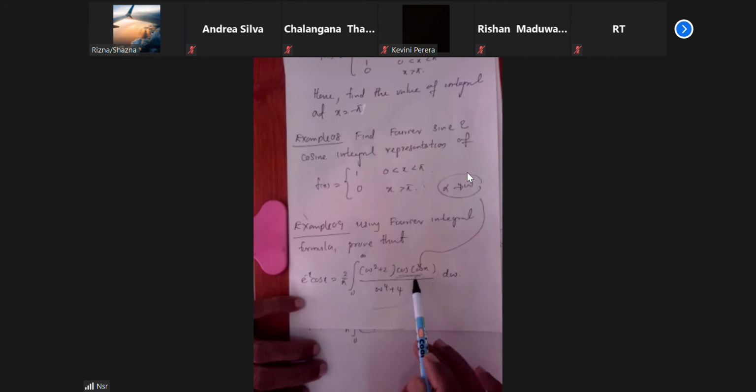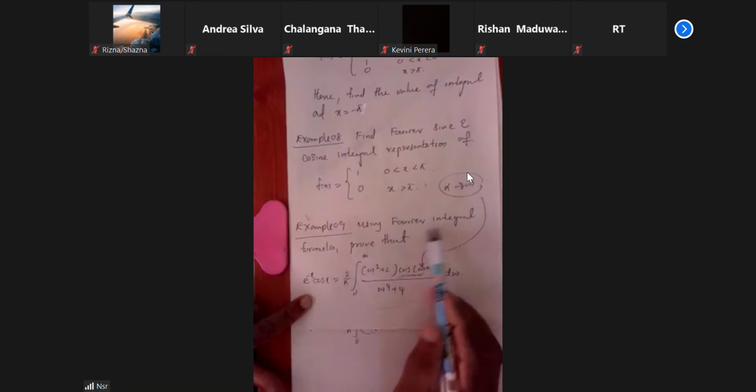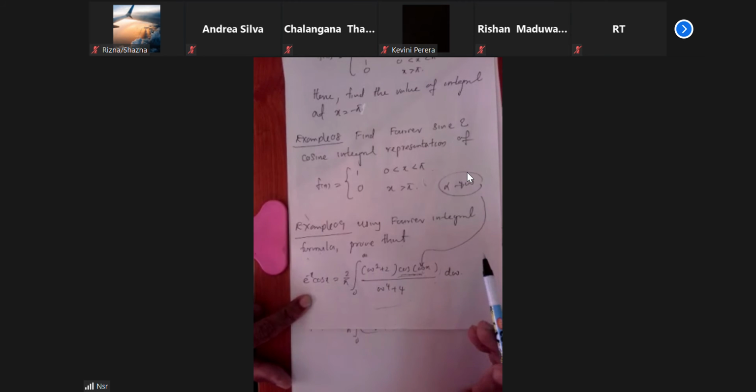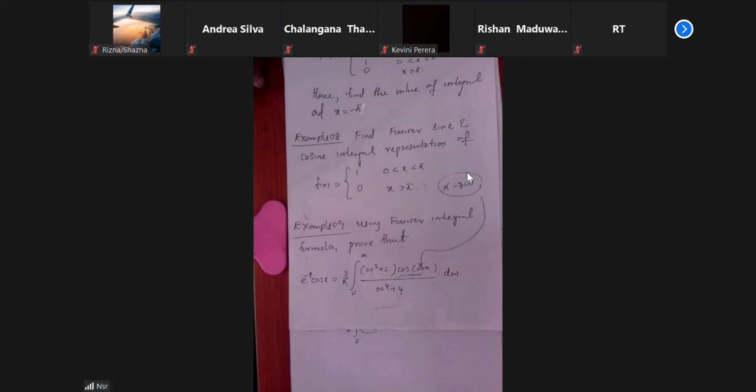If you clearly analyze this, exactly half of your work is reduced. Otherwise, if you start with the Fourier integral formula representation, you need to determine both values, spending your time. Finally, we'll get this answer if you did the calculation correctly. But anyway, when you just look at this, you must understand this is the Fourier cosine integral representation.